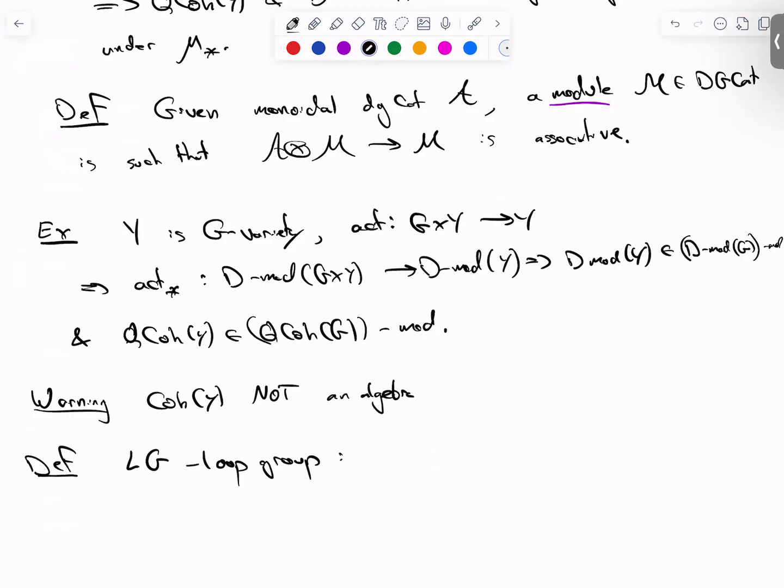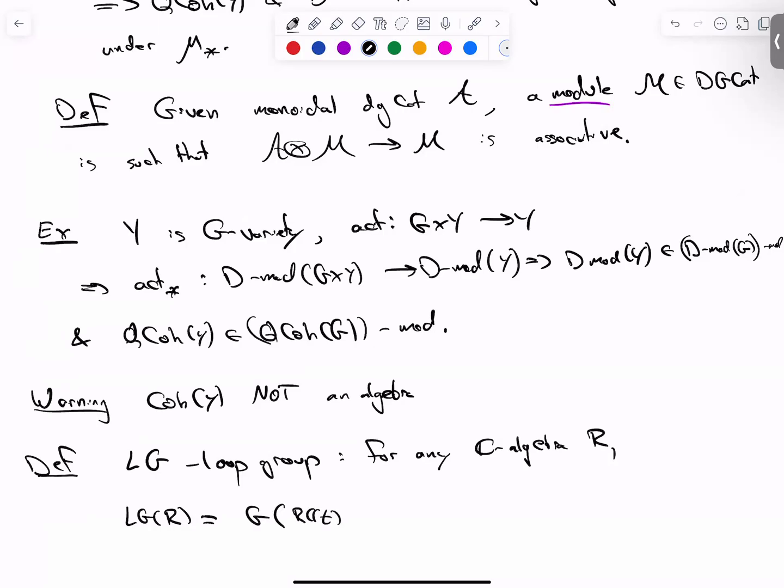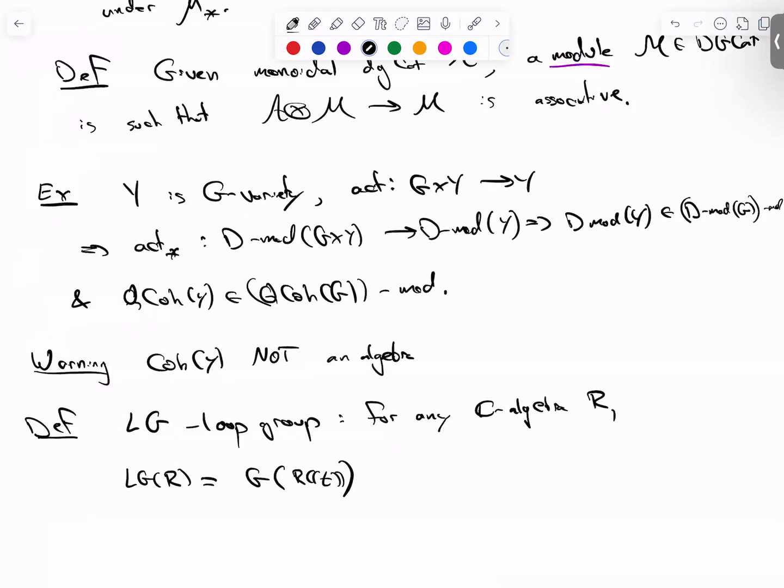So we say for any C-algebra R, so everything's happening over C, the R-points are just matrices with coefficients in Laurent series R((t)). You can also define LG as a mapping stack from the punctured disk to the group.